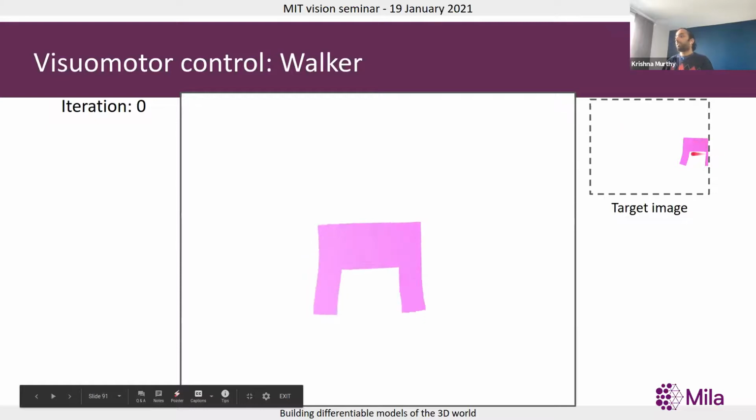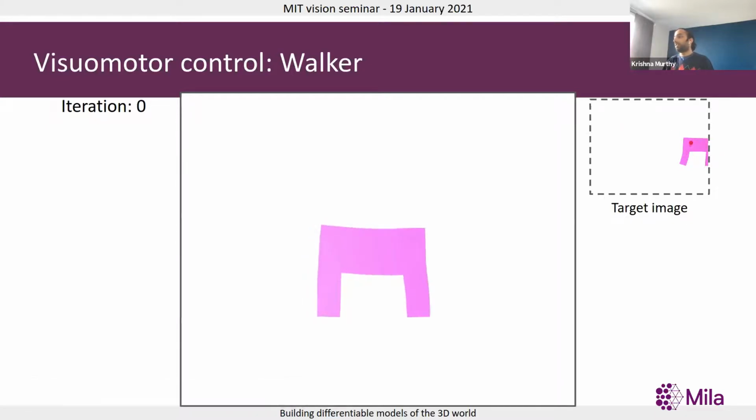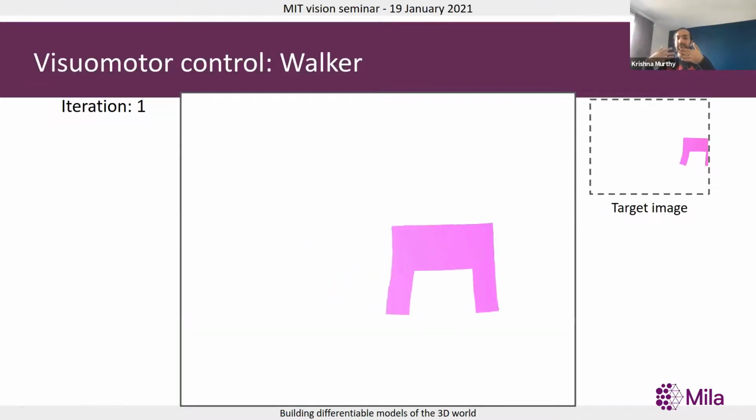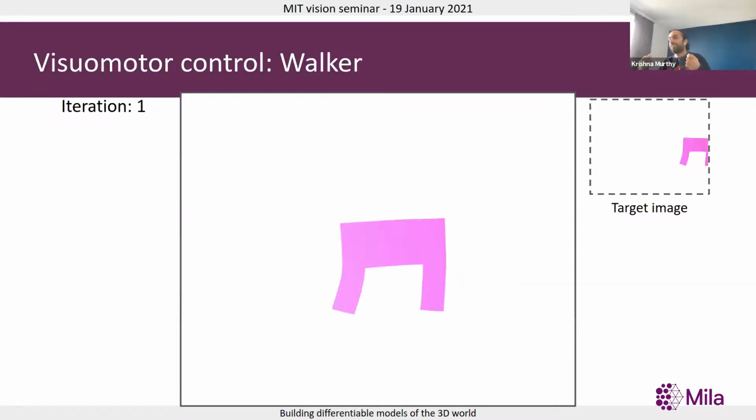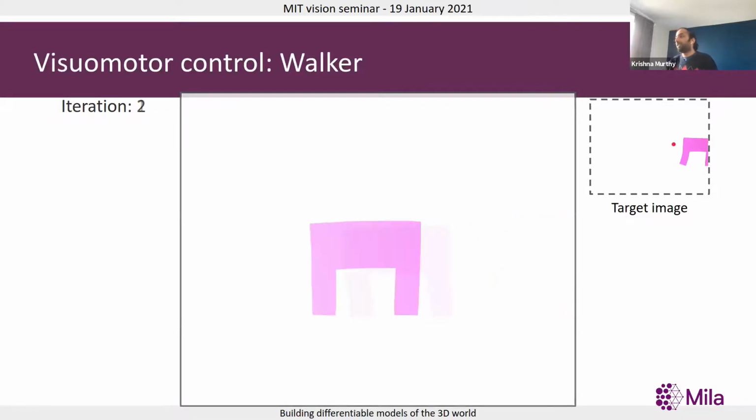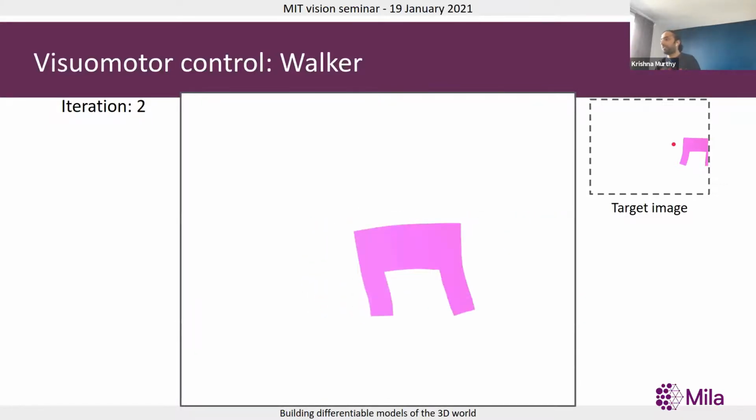But the target is that at the end of 3 seconds, the walker needs to match that target image. It was quite interesting to see that we could learn even in the very first iteration: the silhouette renderer comparison pulls the walker towards the target. And at the end of 3 iterations, we're able to walk quite well to the right.